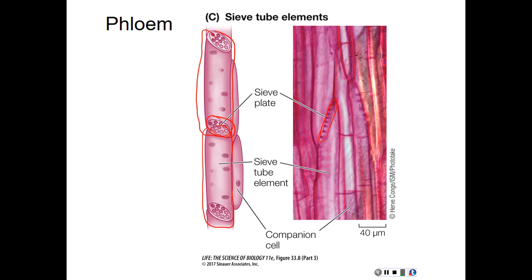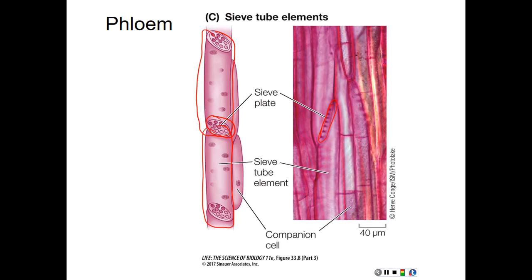Now, kind of a cool thing about the phloem cells is that they have with them companion cells. In the sieve tube elements, there's not a lot of cytoplasm, right?